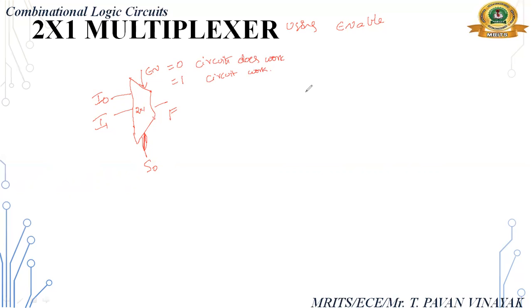Now, whenever enable is 0, here I input 0 0 0, then we get output 0. If I give 1 here and 1 here, 1 here, then also the output is 0.